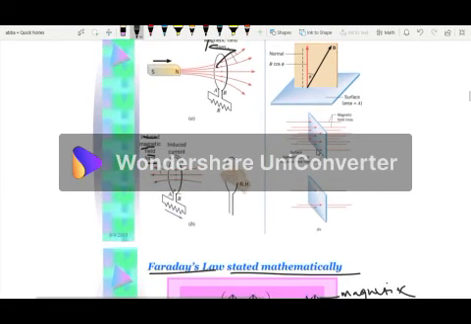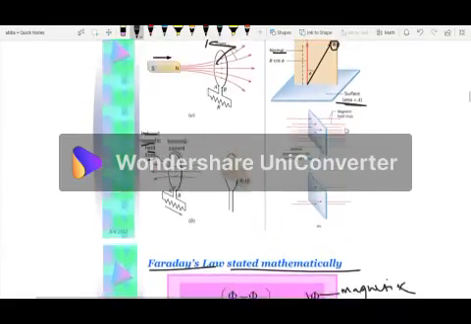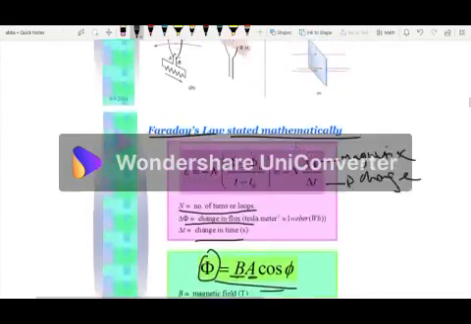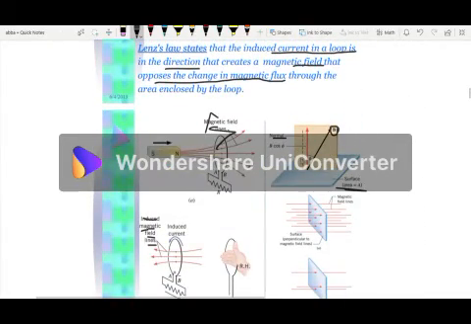We also have what we call the normal, right? Then we have the magnetic field, and here you have the surface area. The reason why we say that this equation qualifies is because of this thing that you see here.